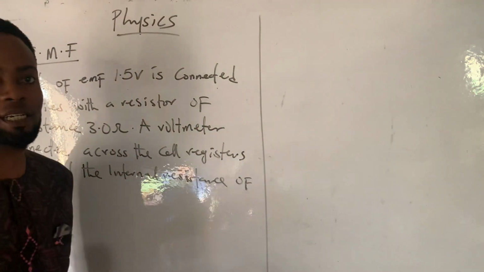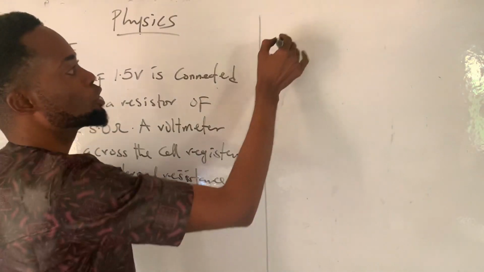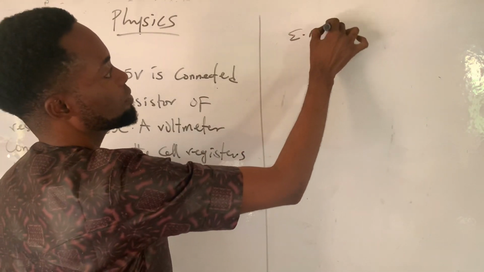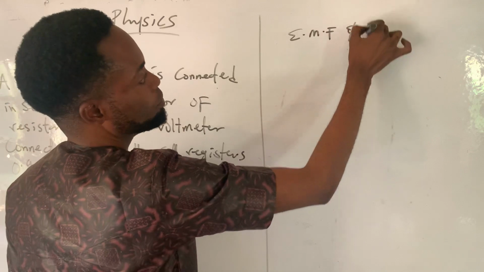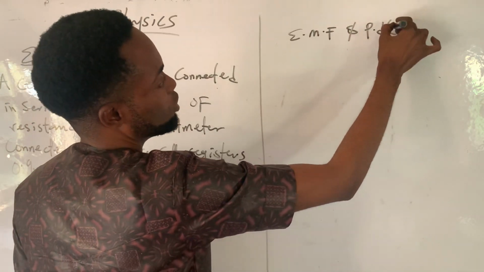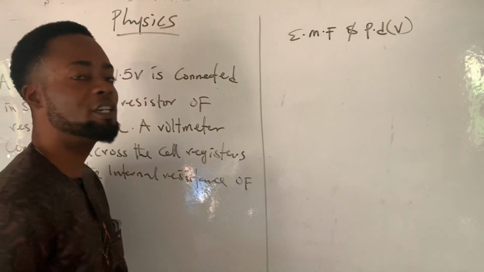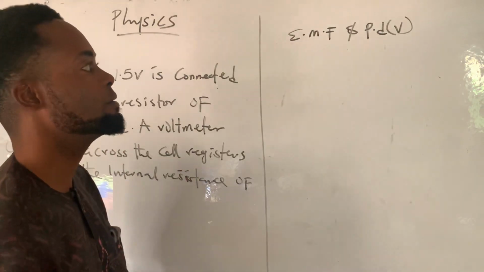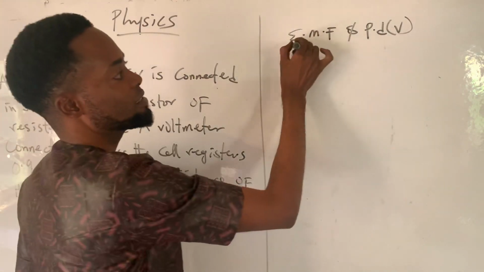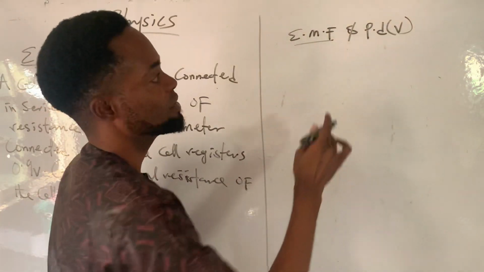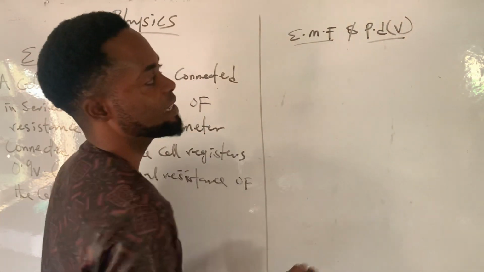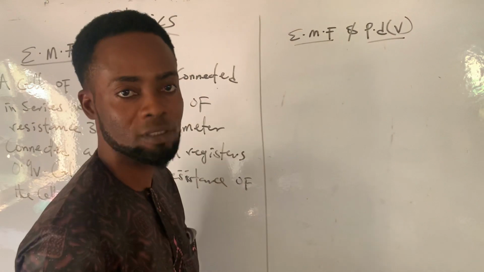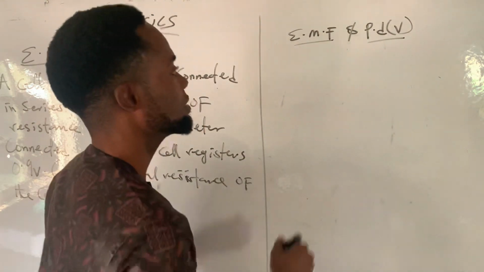Now, let me just give you this analogy. The difference between EMF and potential difference, or what you call normal voltage, is more like this: this is the food you eat and this is the energy you get from the food. What do I mean?